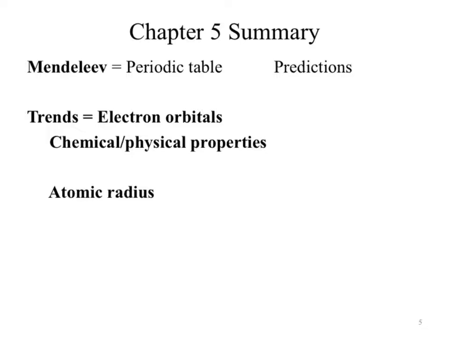So when we go left to right, we're putting the electrons at the exact same distance away, but we're making our nucleus stronger. That pulls the electron ever so slightly closer. So when we look left to right, our radius decreases because our nuclear strength gets stronger. That one's an odd explanation, and that really only comes from looking at the electron configurations. We're putting our electrons in at the exact same energy level.